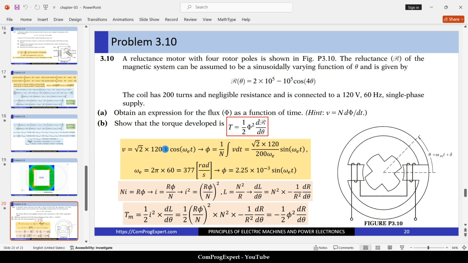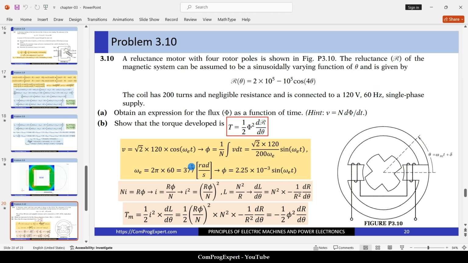So if we consider this function for the voltage, the flux will be the integral of 1 divided by N times V dt. So this is the value of the flux, the function. So what is the value of omega e? It is 2 pi times 60. The frequency of the supply is 60 hertz.